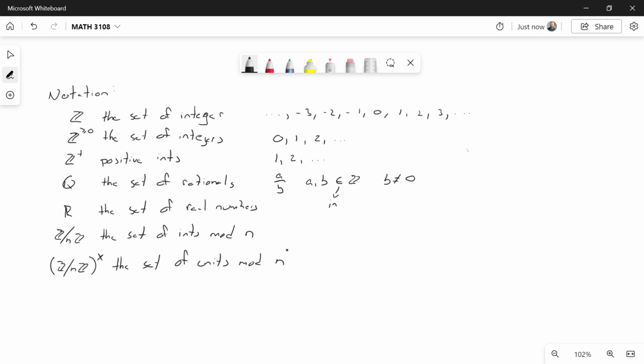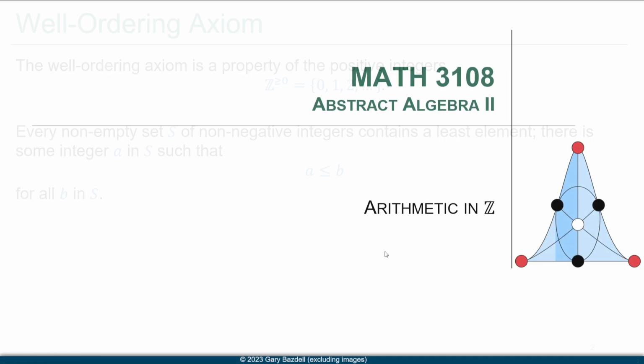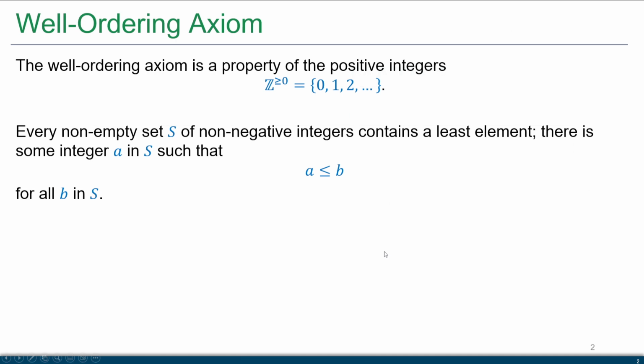All right, so that's the basic notation that we are going to be using for the rest of the term, so thus introduced. Now let's jump into the slides. In terms of talking about the arithmetic inside of Z, what we want to first start with is what's known as the well-ordering axiom.